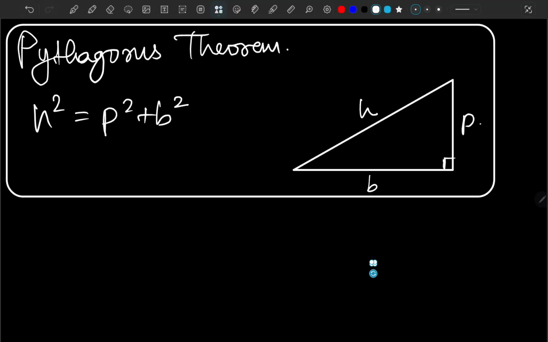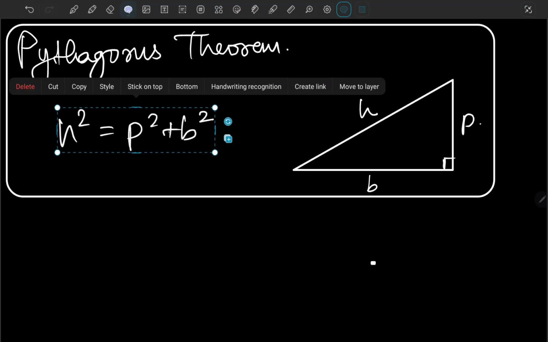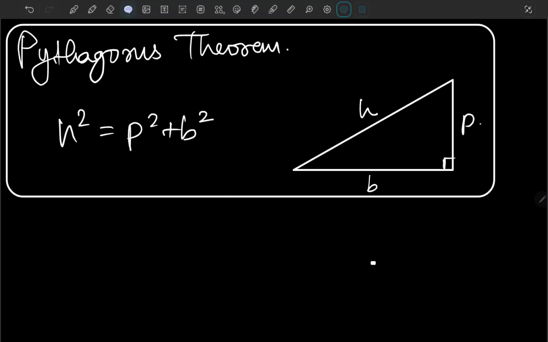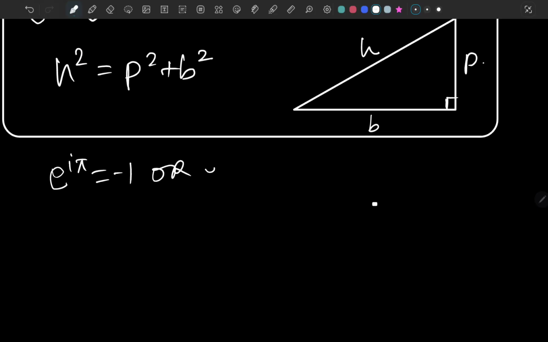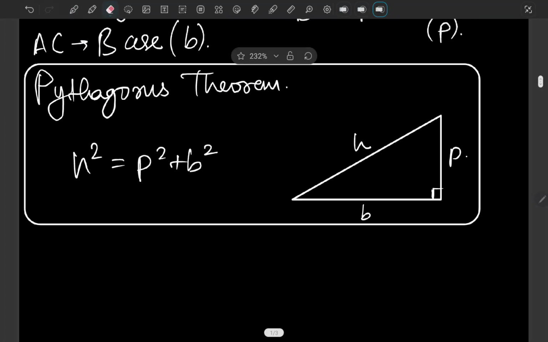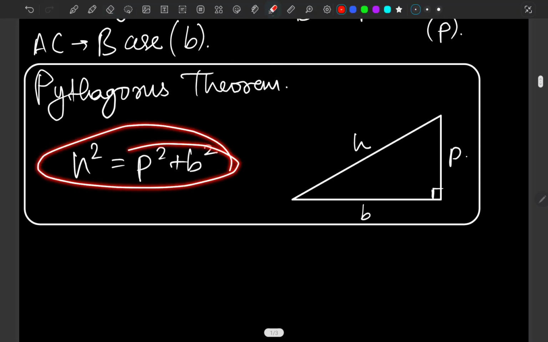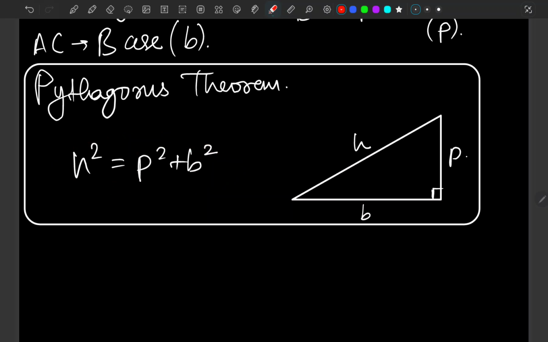I would say this is one of those really beautiful equations, after Euler's identity, that is e to the i pi equals -1, or e to the i pi plus 1 equals 0. But still, it's one of the ancient identities which are really useful, right?